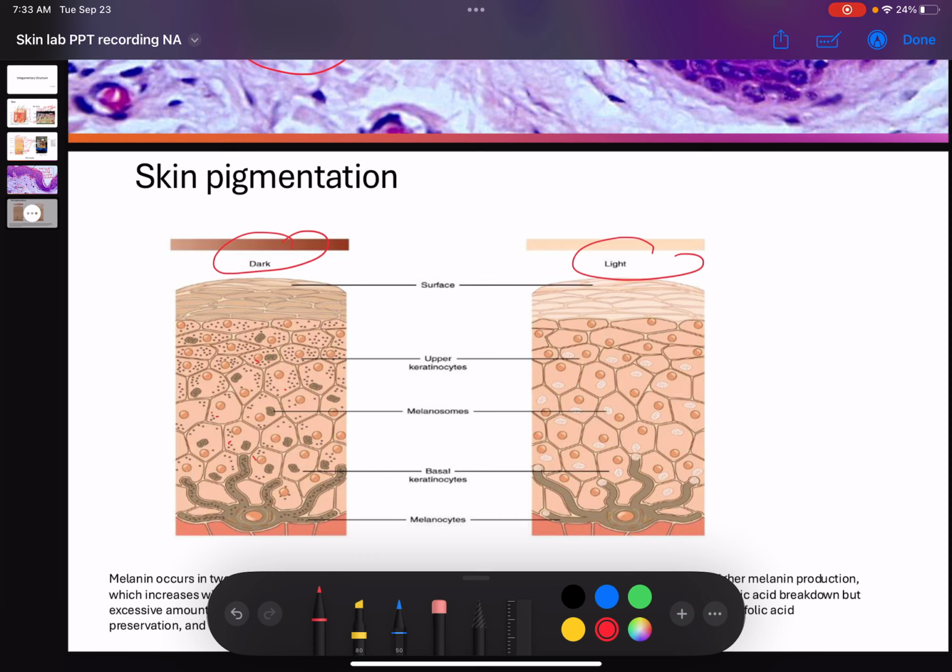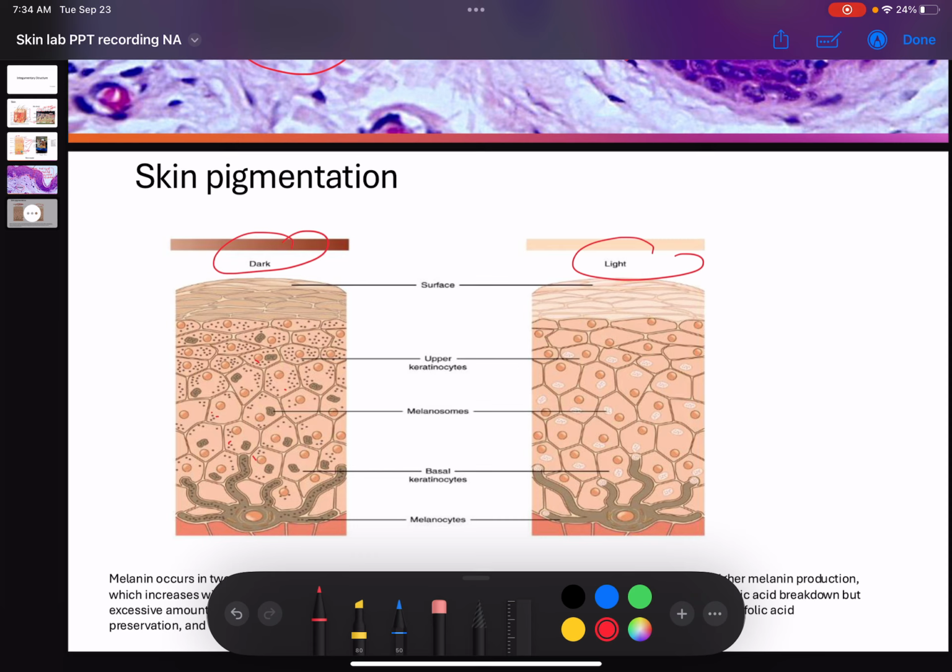Remember that one. In order to produce vitamin D, skin exposed to UV is important. Skin pigmentation reflects a balance between UV protection, folic acid preservation, and vitamin D synthesis.